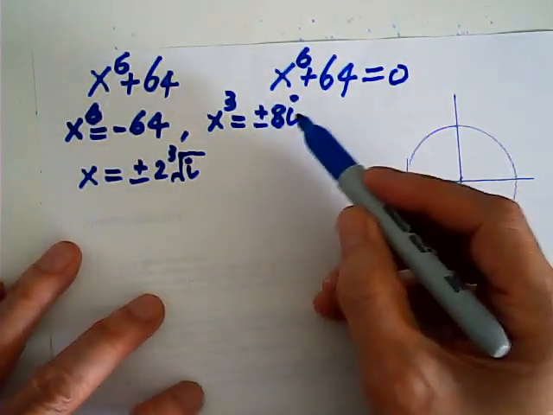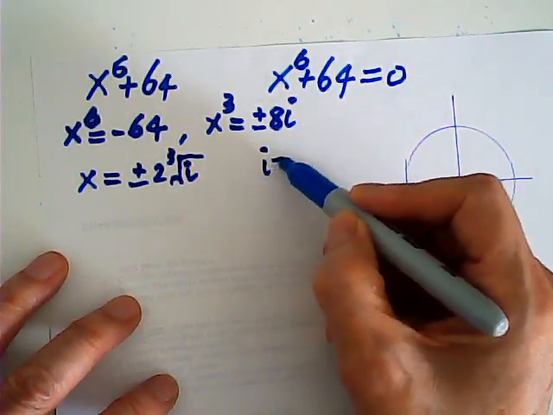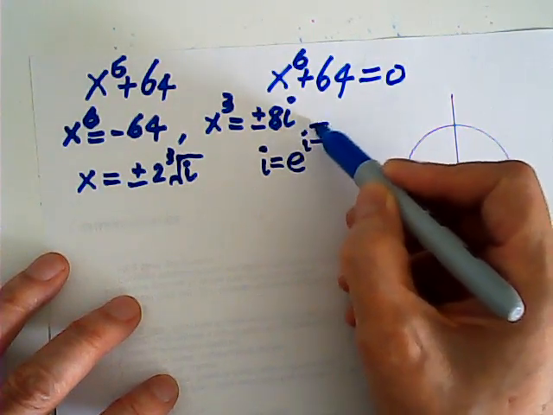What's the cube root of i? i is equal to e to the i half pi, right?